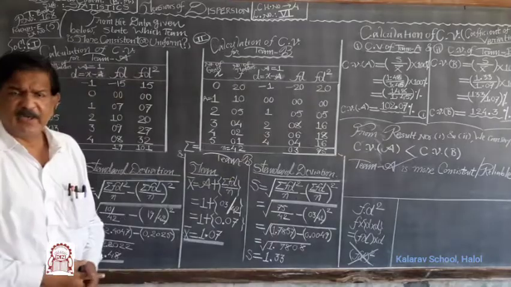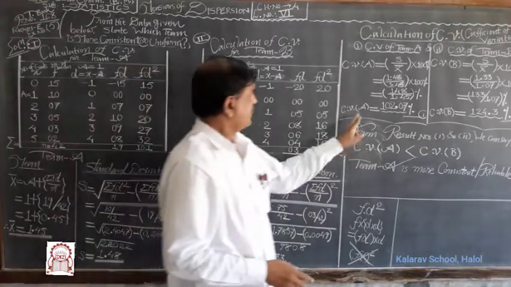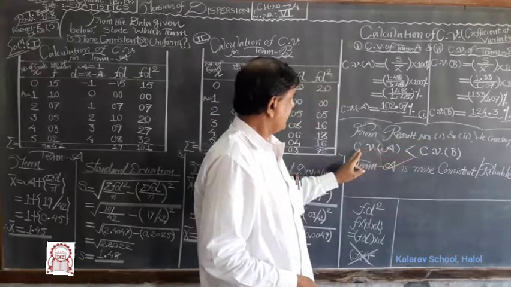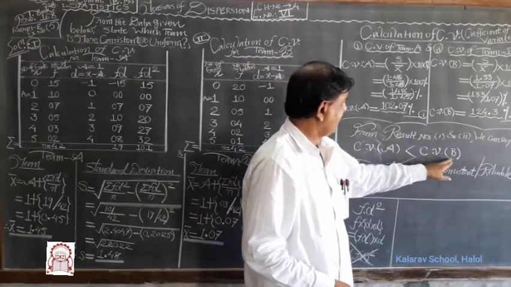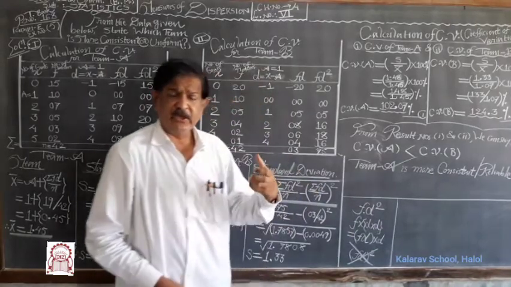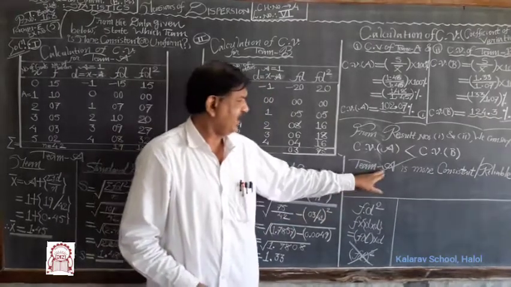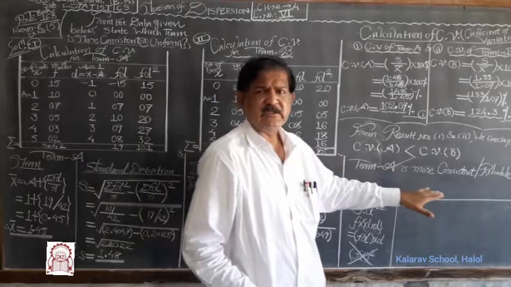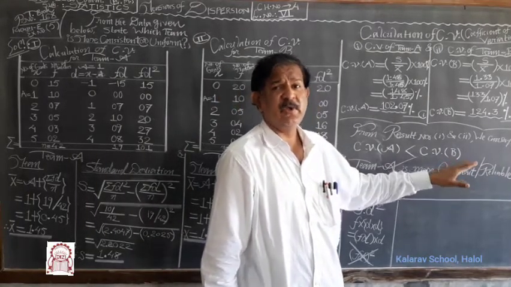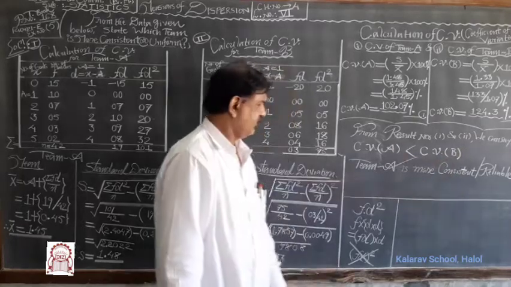From results number 1 and 2, we can say that CV of A is less than CV of B, obviously. This is the less than sign. Therefore, we conclude that team A is more homogeneous, more consistent, more reliable, more uniform, or whatever you want.